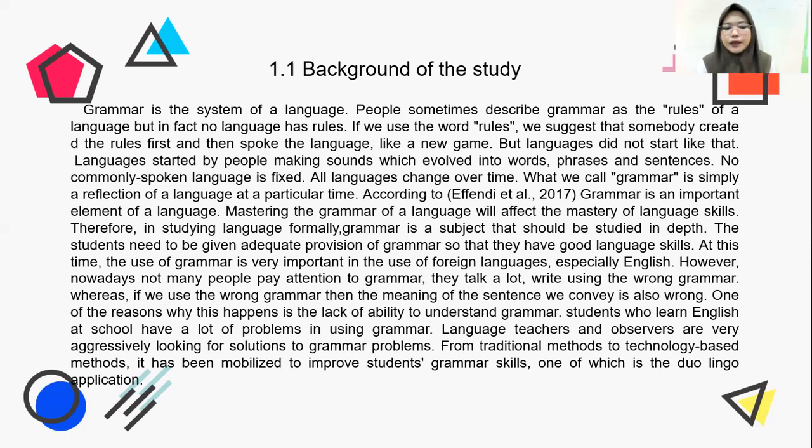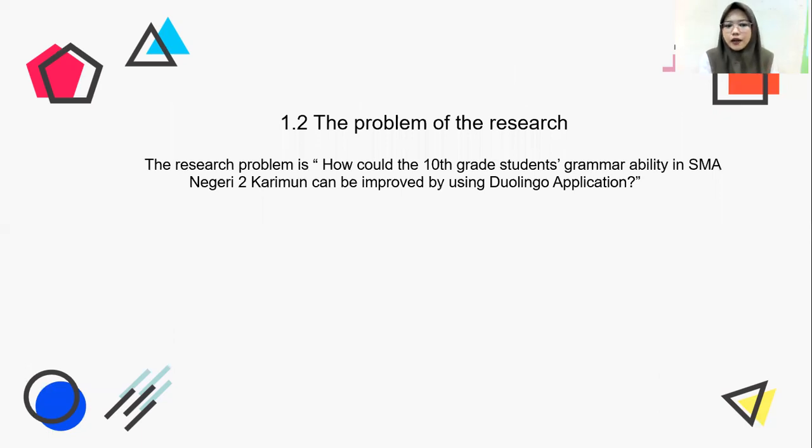It has been mobilized to improve students' grammar skills, one of which is the Duolingo application. 1.2, the problem of the research. So the research problem of this research proposal is how the 10th grade students' grammar ability in SMA Negeri 2 Karimun can be improved by using Duolingo application.